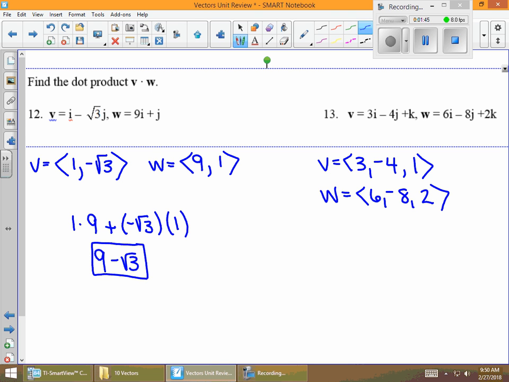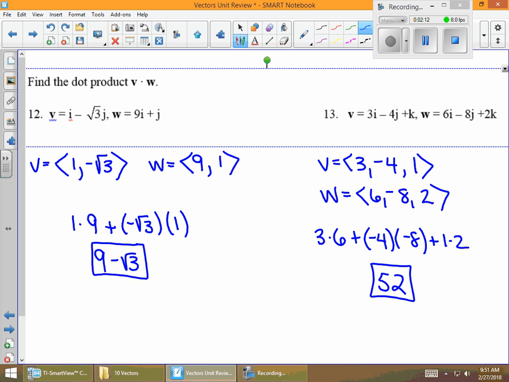And now I'm going to find the dot product. So the dot product, I'm going to do 3 times 6 plus negative 4 times negative 8 plus 1 times 2. And you can put that all in your calculator, and you should get 52. There's your dot product.